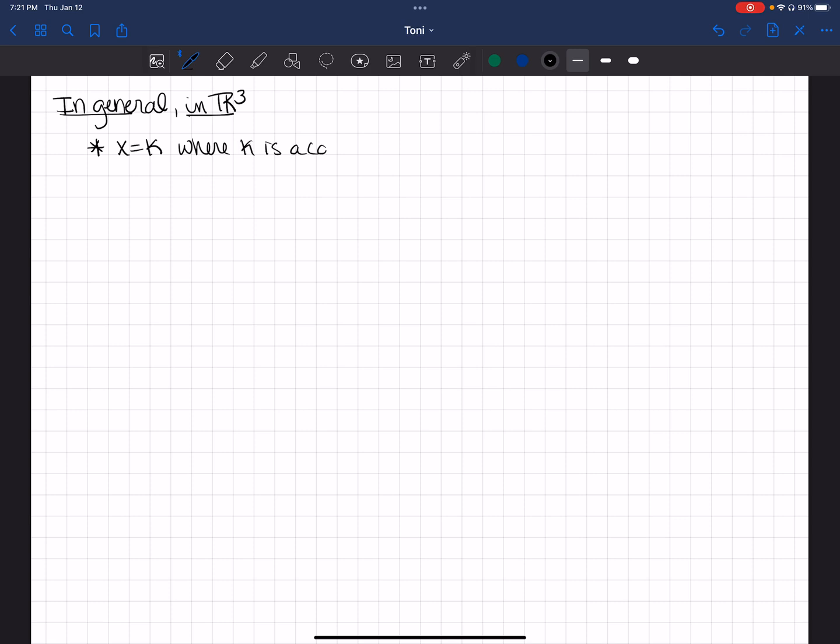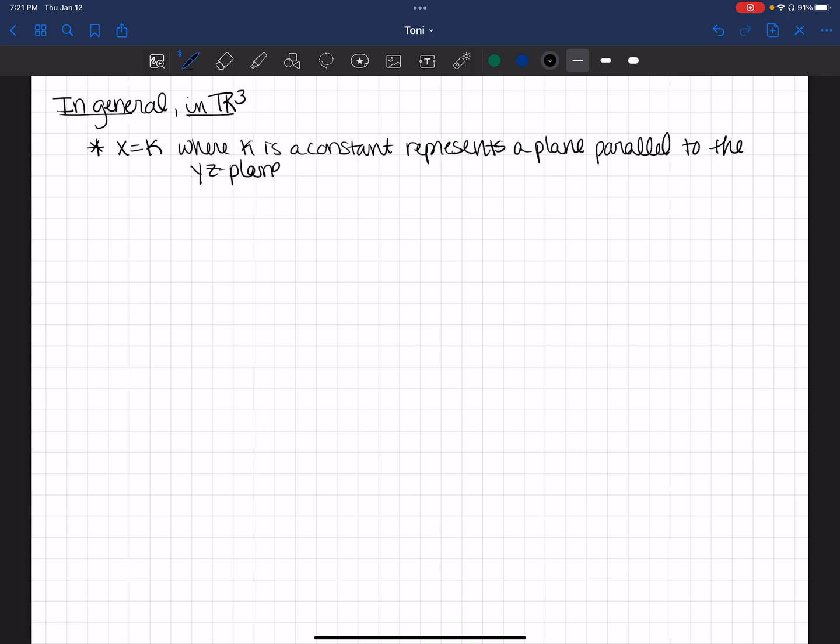So like we saw up there, like z equals 3, y equals 5. x equals k, where k is a constant, represents a plane parallel to the YZ plane.